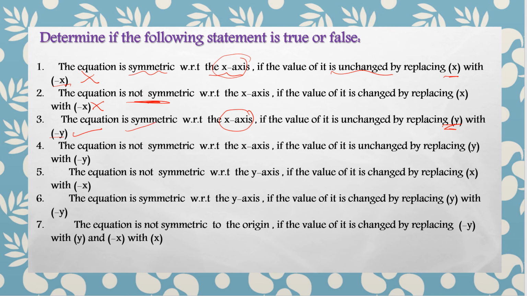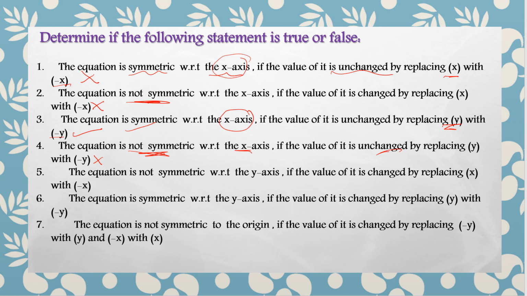So this is true. Question 4. The equation is not symmetric with respect to the x-axis if the value is unchanged by replacing y with negative y. This is false, because in this case the function would be symmetric, not non-symmetric. So this is false. Question 5.